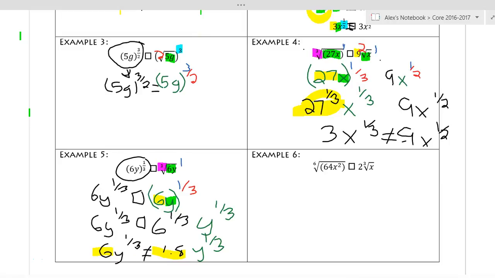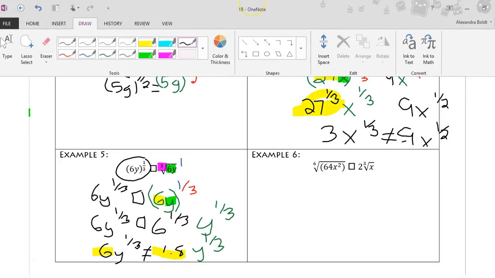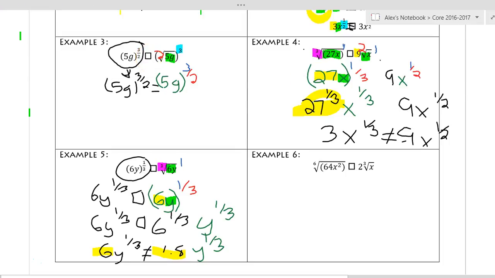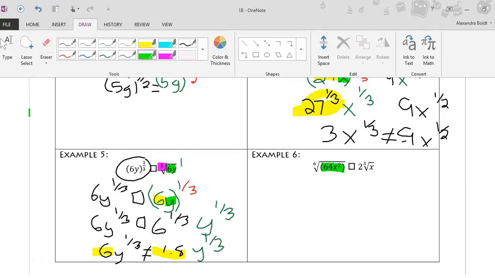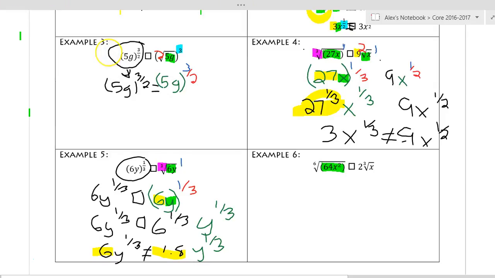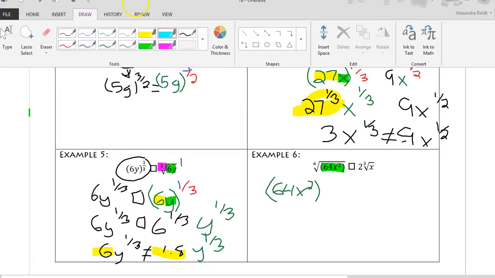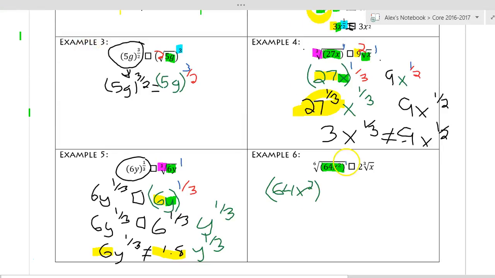All right, last but not least, number 6. Again, this is one where both of them are radicals, so I have to change both of them. For the left side, I have 64x squared as my base. That whole thing is being raised to my exponent, which in this case is 1.